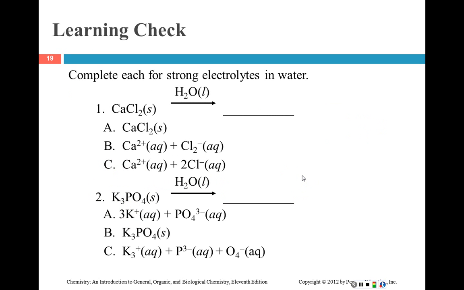Okay, so see if you can complete this for calcium chloride, which is another salt. Calcium chloride, which is a solid, when you put it in water, is going to produce ions. And you remember how you can tell? You can look and see what column they're in to see what their charge is going to be.